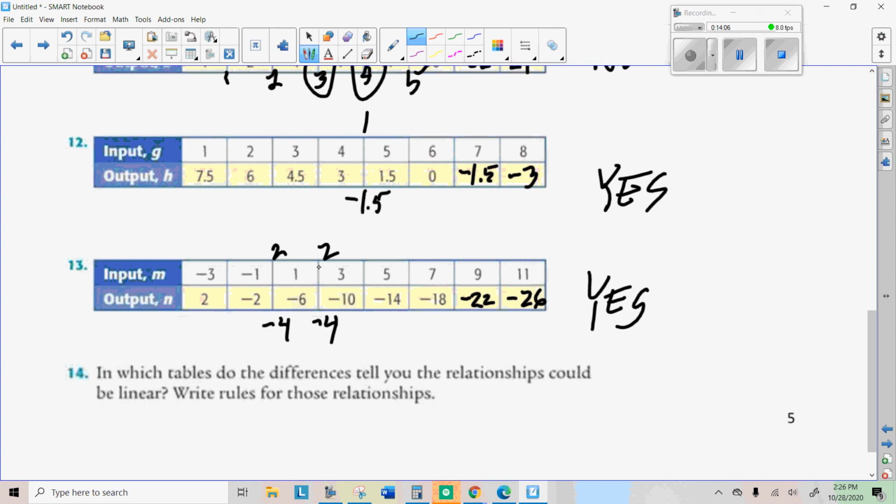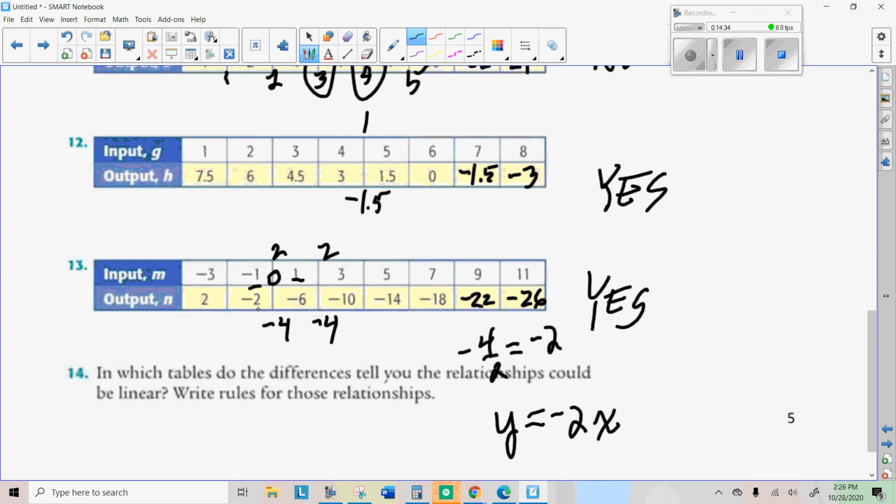Okay. Now, if you wanted to write the equation for this last one, negative 4 over 2 is your rate of increase. We're going to simplify that to negative 2. That'll be our coefficient, so negative 2x. And then we have to figure out what the 0 value is. It would actually be right here, which is halfway between these two.